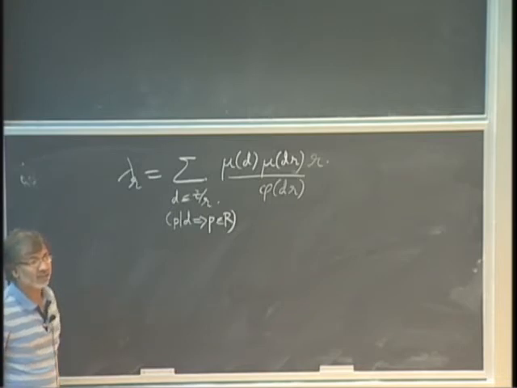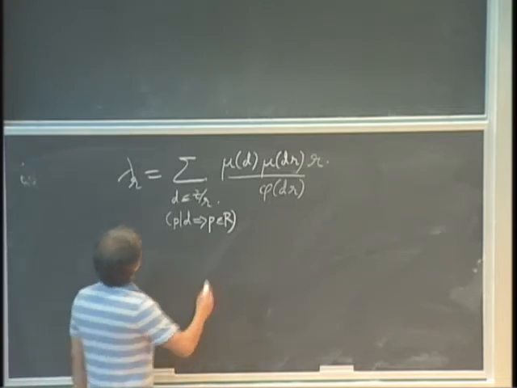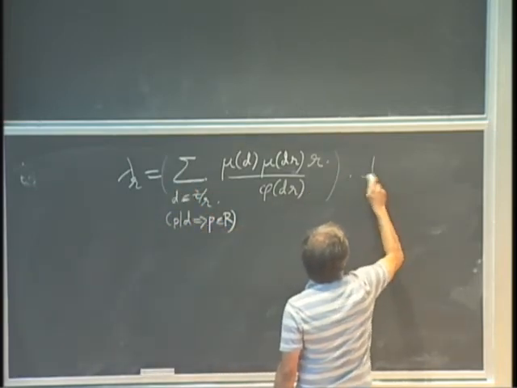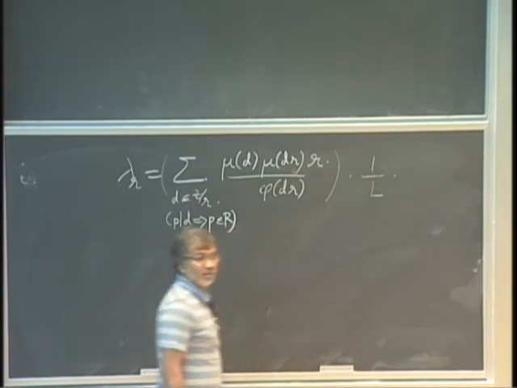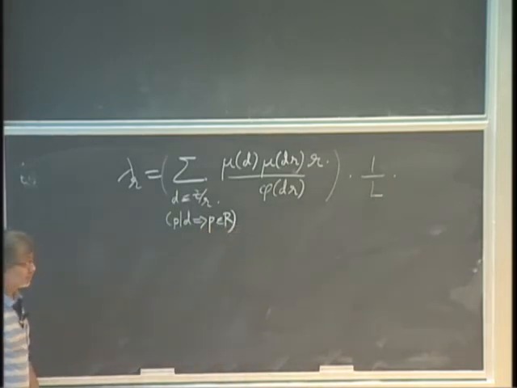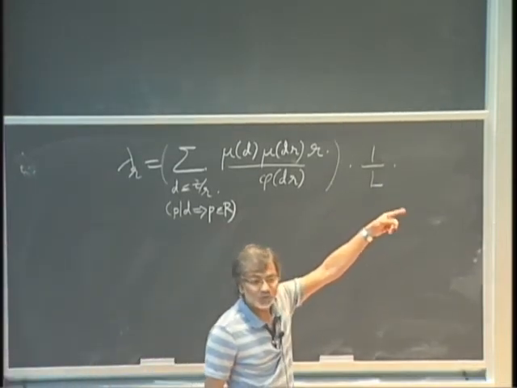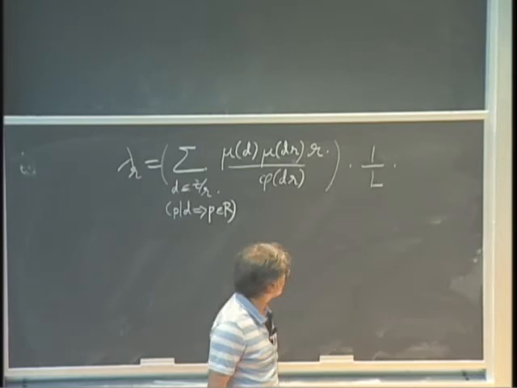This looks right. Yeah. And maybe this whole thing is going to be divided by L, right? Yeah. Okay. So which was this sum of mu of r squared over phi of r, right?